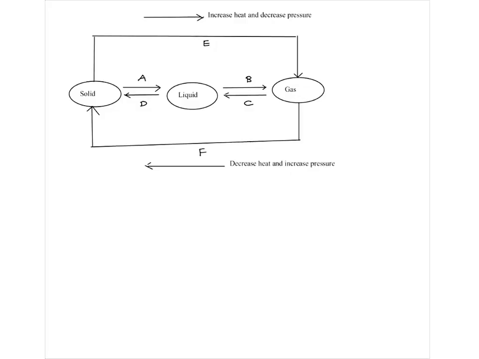Now, you have to tell what are these A, B, C, D, E and F. Let's begin with A. Solid to liquid conversion. What would you call it? Fusion, sir. Fusion is perfect. Then liquid to gas. Sir, vaporization. Correct. Gas to liquid.